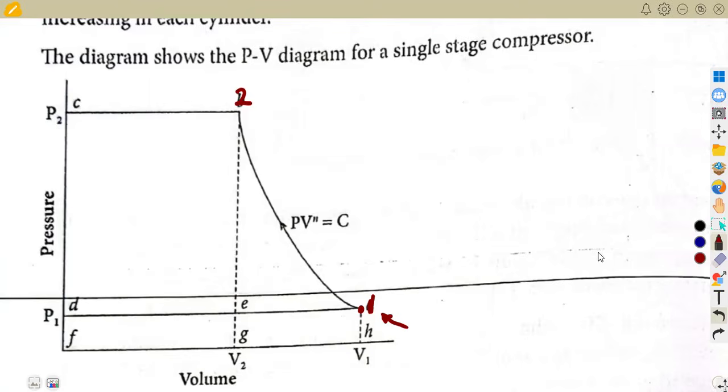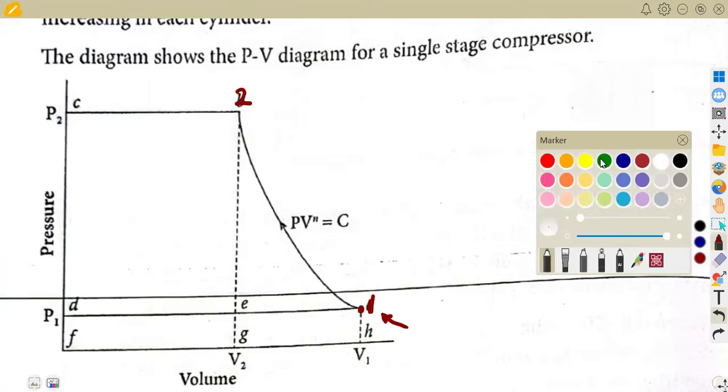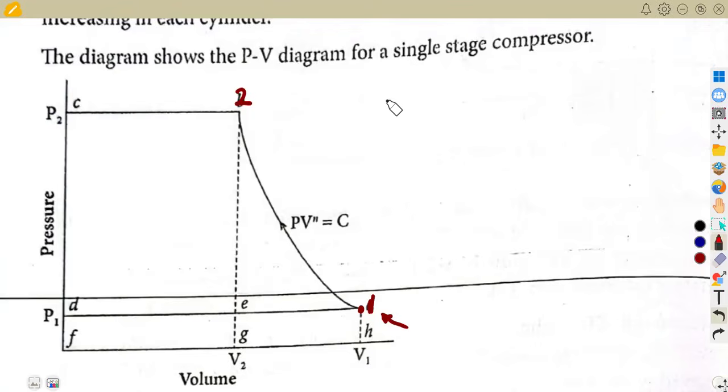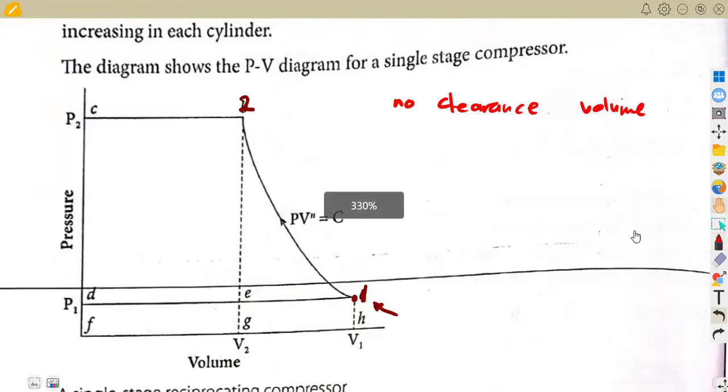So what is happening here, take note, we are saying the clearance is not involved. There is no clearance volume. All right. We shall see the major effect when the clearance is there.